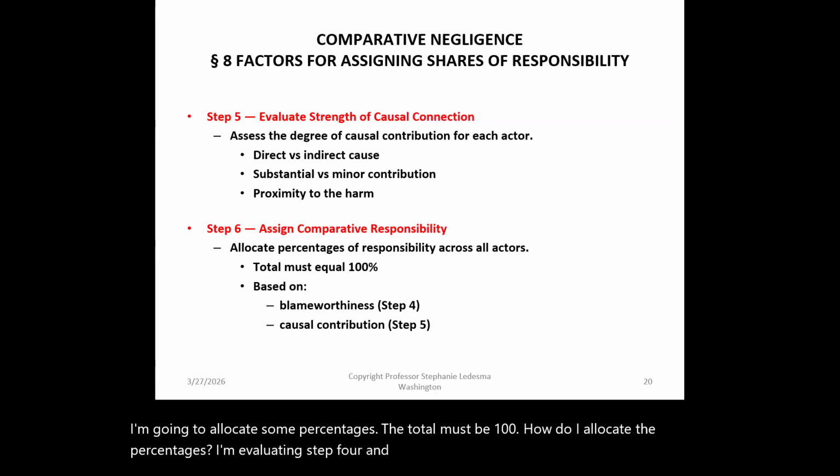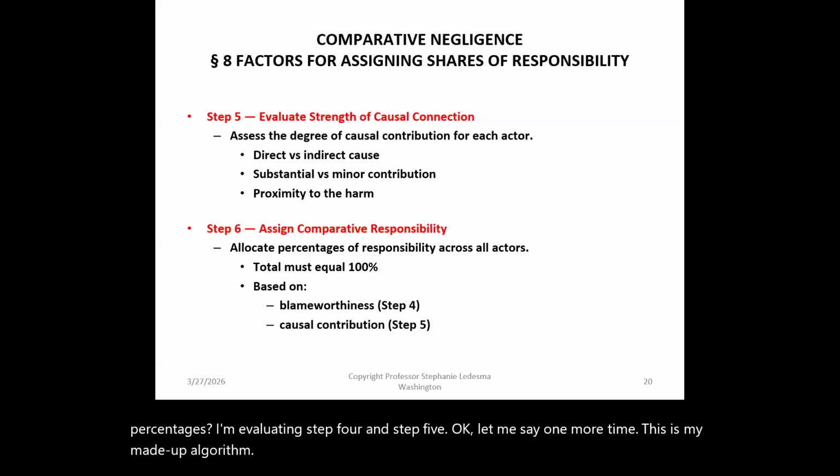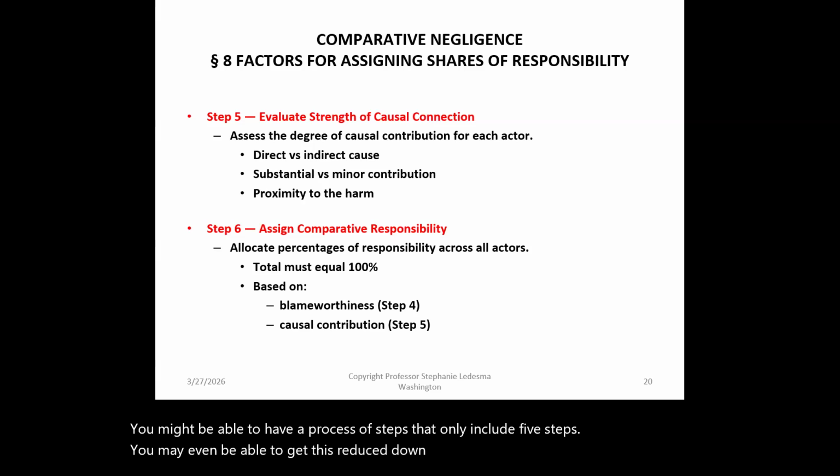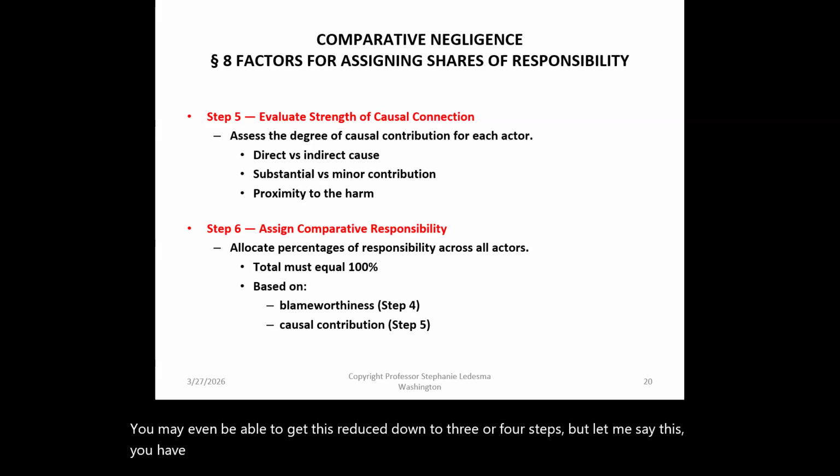Okay, let me say one more time. This is my made up algorithm. You might be able to have a process of steps that only include 5 steps. You may even be able to get this reduced down to 3 or 4 steps. But let me say this, you have to have some steps, because the analysis is about the application and the explanation of each step.